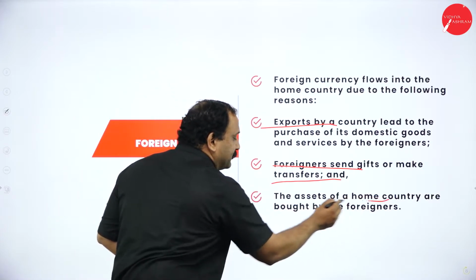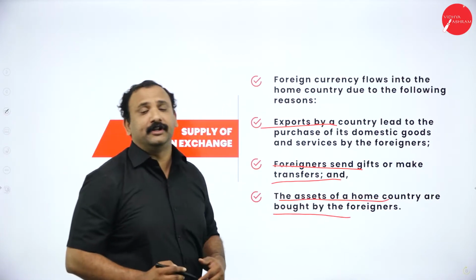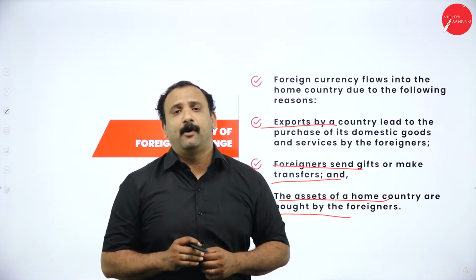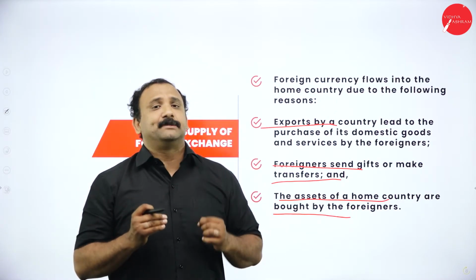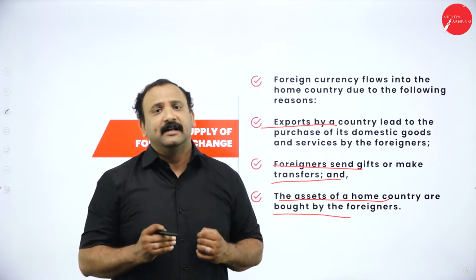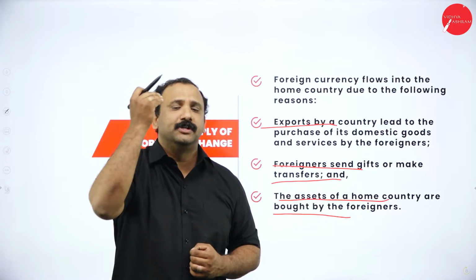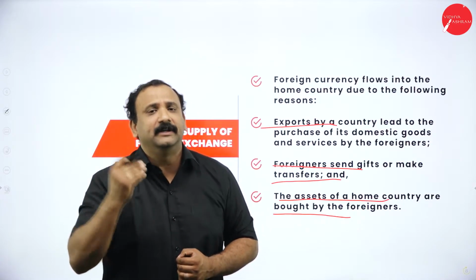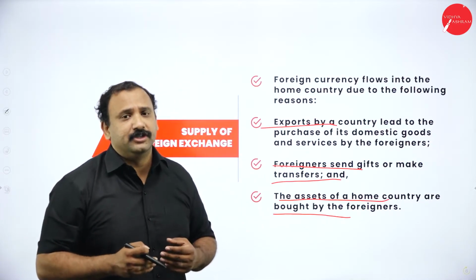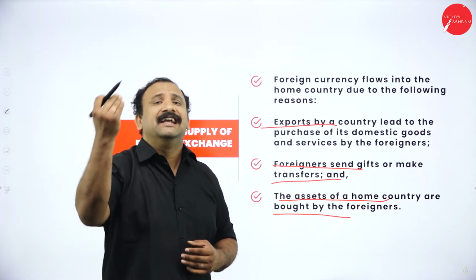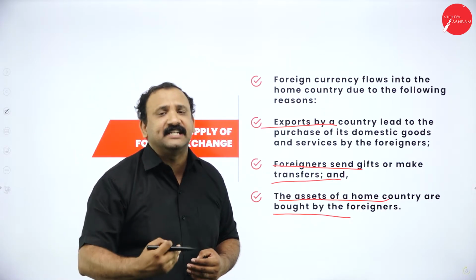The assets of the home country are bought by foreigners. This is also a very, very important reason. As we aspire to buy land in the UK, or a house in Dubai, or an apartment in Singapore, there might be foreigners who are also interested in purchasing assets in India.